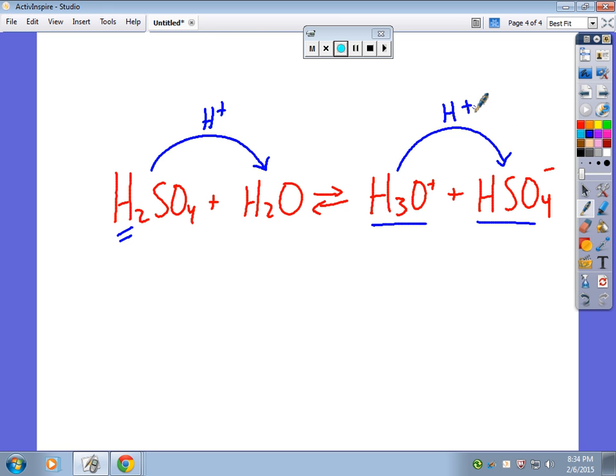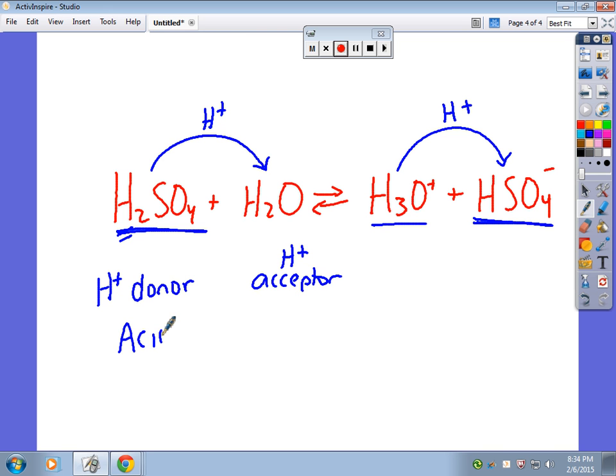And if this HSO4- gains another hydrogen, it goes back to being H2SO4. So who's throwing? This is donating or throwing, and this is an acceptor. So what do we call a hydrogen donor and a hydrogen acceptor? This is an acid, and this is a base.